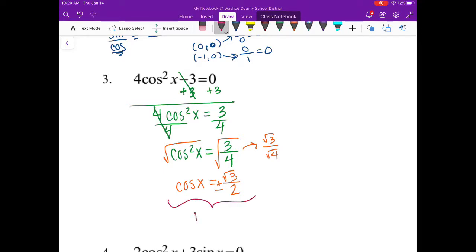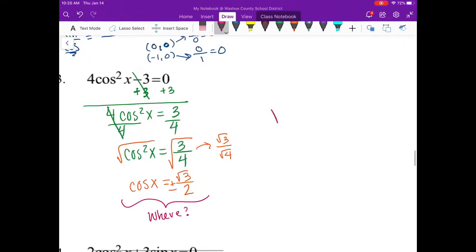And again, you are asking yourself where in the unit circle cosine of x is positive square root of 3 over 2 and negative square root of 3 over 2. So cosine is going to be either positive or negative in all 4 quadrants. So we need to include all 4. If you didn't include this plus or minus, you would be missing 2 answers here. So super, super important that you remember to add that plus or minus anytime you take the square root of an answer, okay?